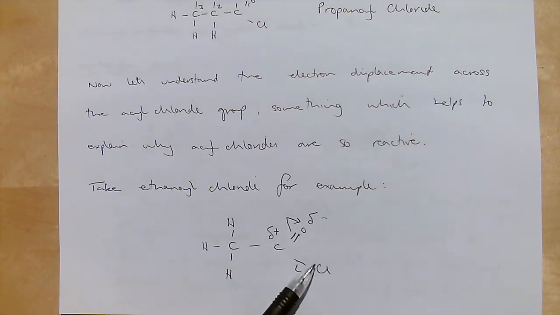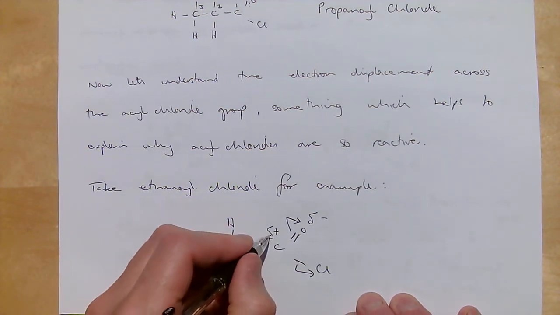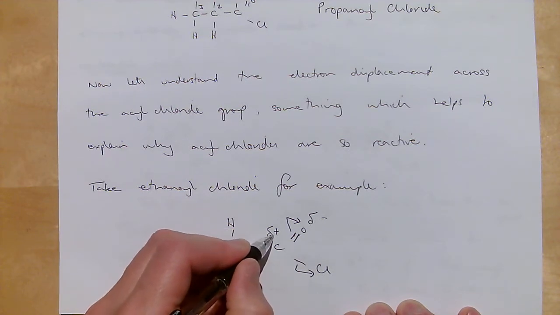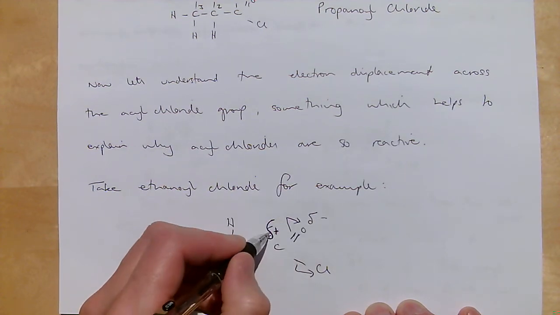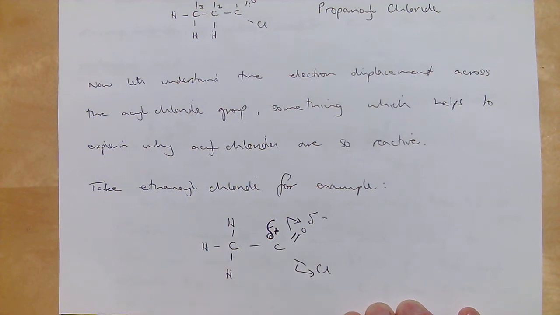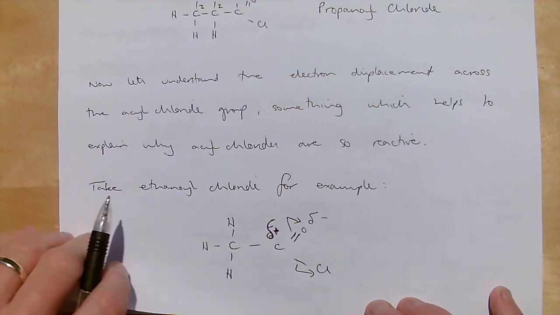So we've got 2 electronegative atoms attached to that carbon, withdrawing electron density from the bonds that attach them to the carbon, therefore making this carbon really quite delta positive. To emphasize the point I'm making, I could draw a bigger delta positive there, couldn't I? That's really delta positive because it's being influenced by that atom and that atom withdrawing electron density away from it.